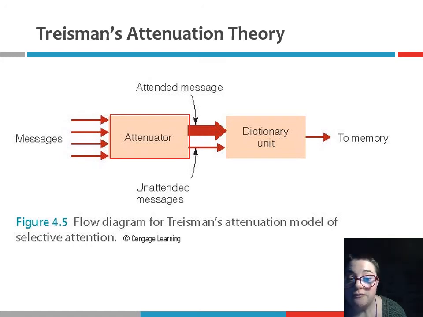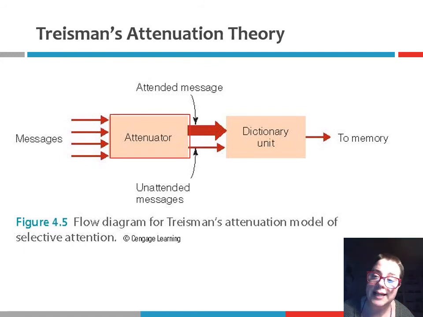For the messages in the attended and the unattended channel, the attenuator is going to process the information in terms of its physical characteristics. By physical characteristics, I again mean the pitch of the speaker, whether they have a high-pitched or low-pitched voice, and the speaking rate, whether they are speaking quickly or slowly, etc. All of those auditory characteristics are going to be extracted from both the attended message and the unattended message.